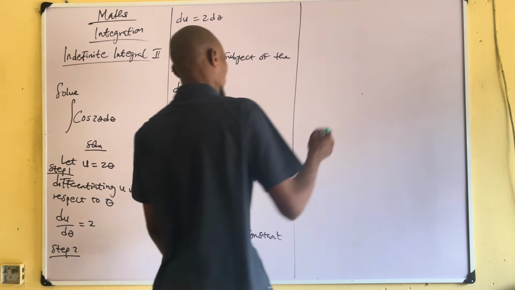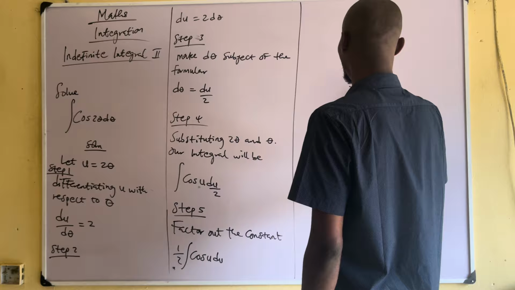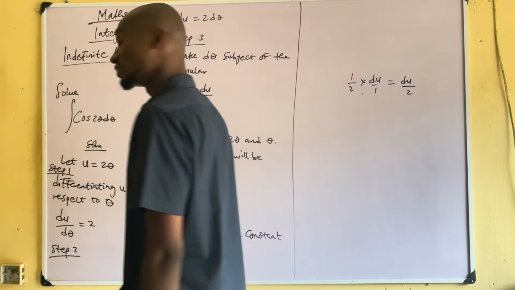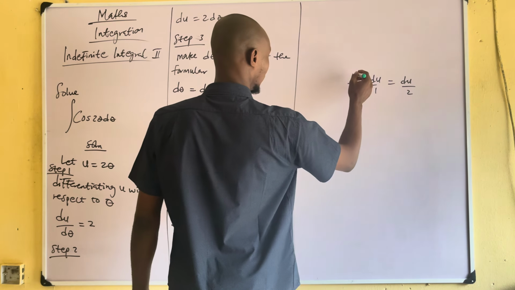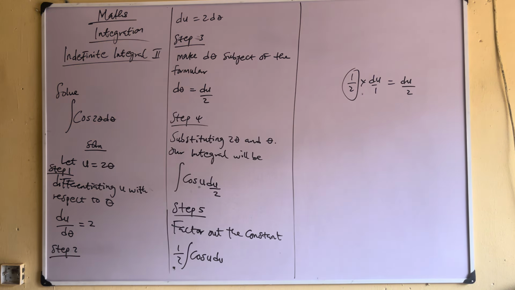Look up. 1/2 times du over 1 is equal to du over 2. So this now is the constant we factor out there. Did you understand? Are you getting my point now?